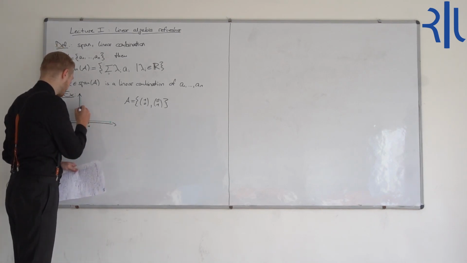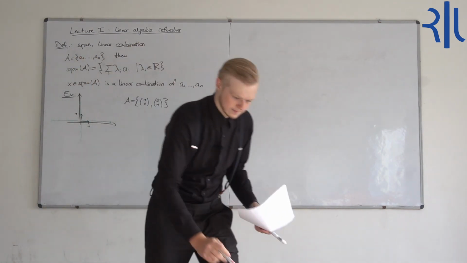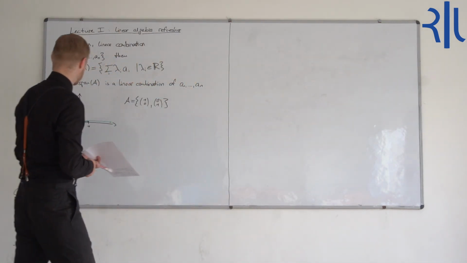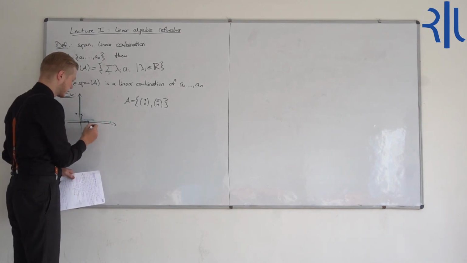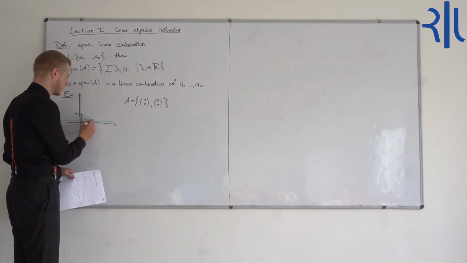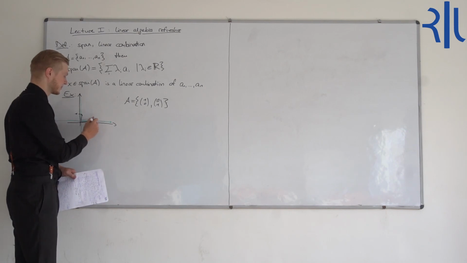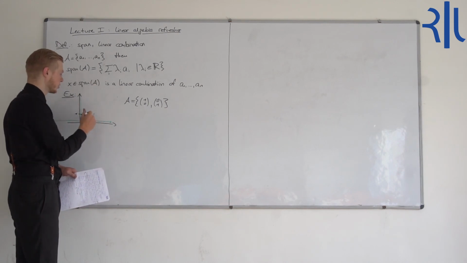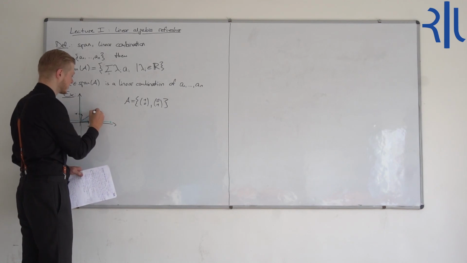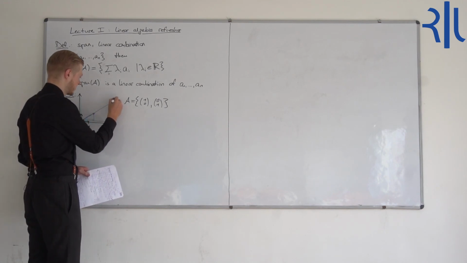So we can go, for example, this far to the right, so scale or multiply the first vector with 2, and go up, add the second vector times 1, go up 1, and we land here. So this vector would also be in the span, correspondingly, because we can scale that again.